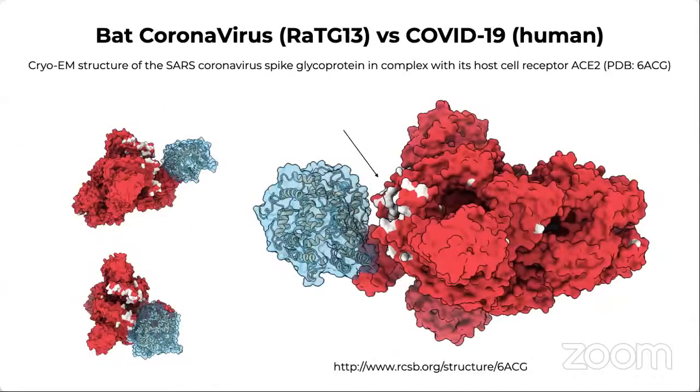Similarly, another aspect of answering some of the research questions would be to understand the relationship between viral and host proteins, such as the trimeric SARS coronavirus surface spike glycoprotein. This spike glycoprotein binds to a cellular receptor called angiotensin converting enzyme 2, so ACE2.